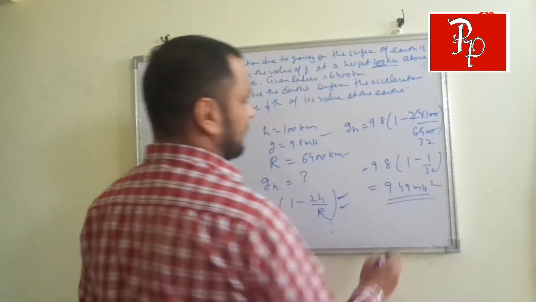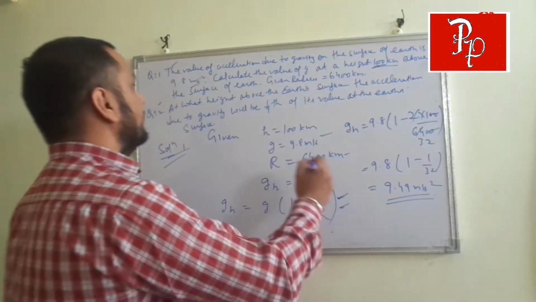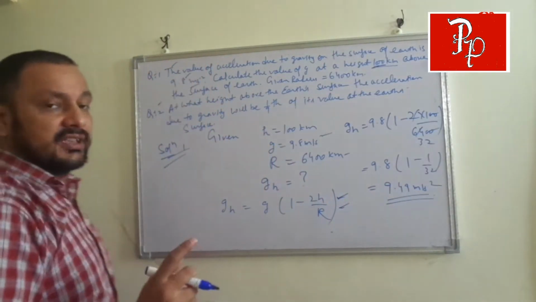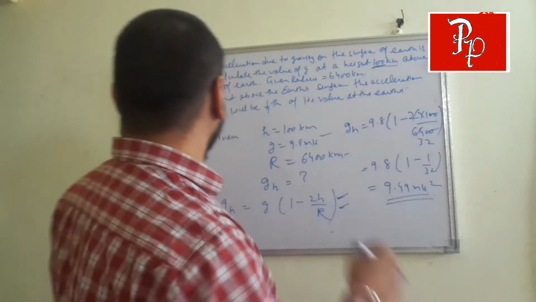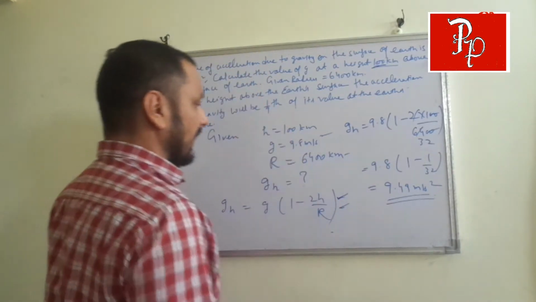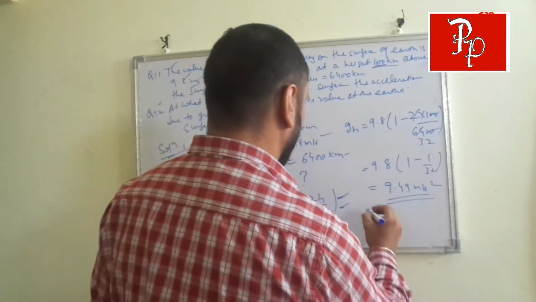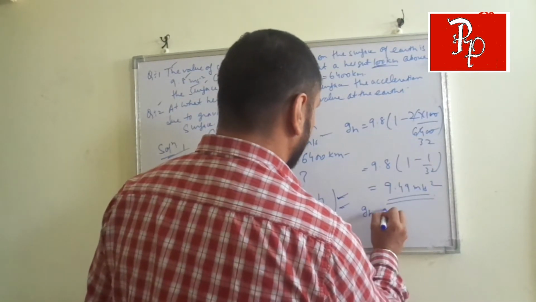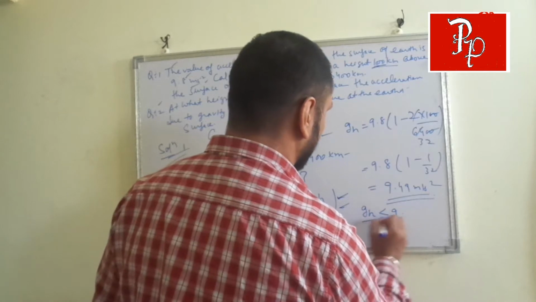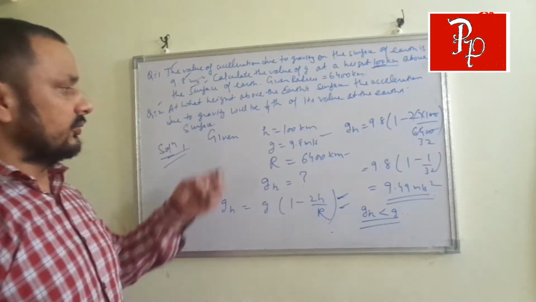This is less than the value of g. What is the value of g, students? The value of g is 9.8 meter per second square, and here it is now 9.49 meter per second square. That clearly shows that gh is less than g. So this numerical is over.